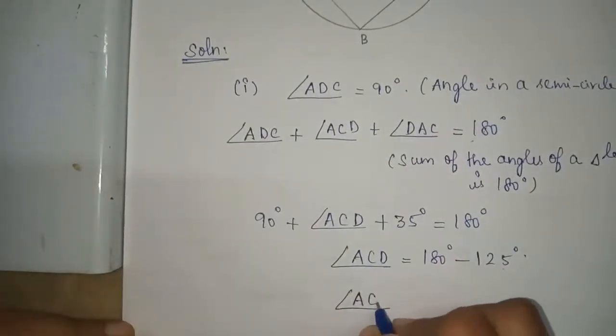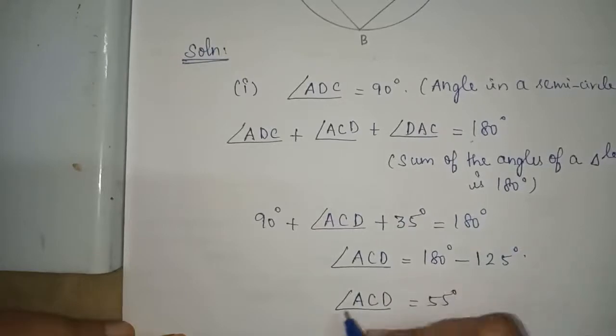Therefore, we find angle ACD is equal to 55 degrees.